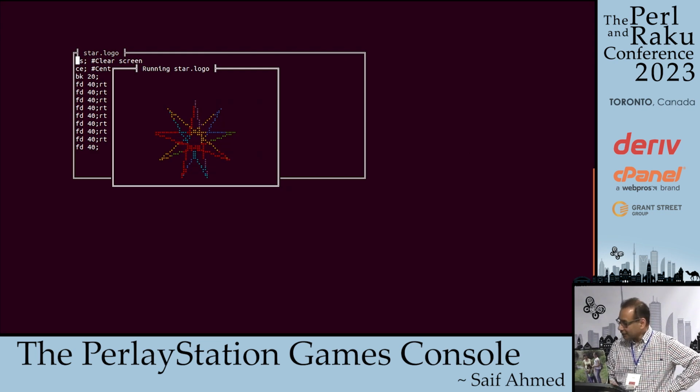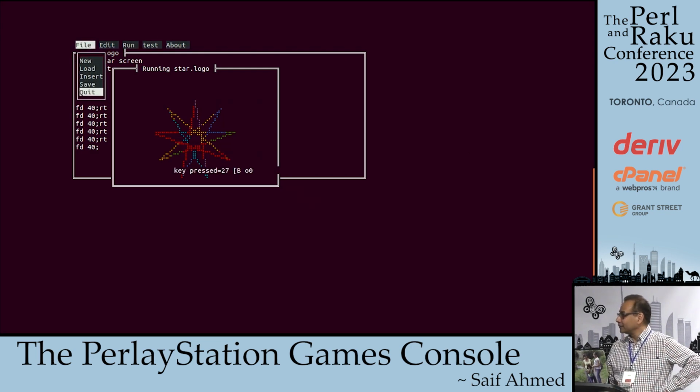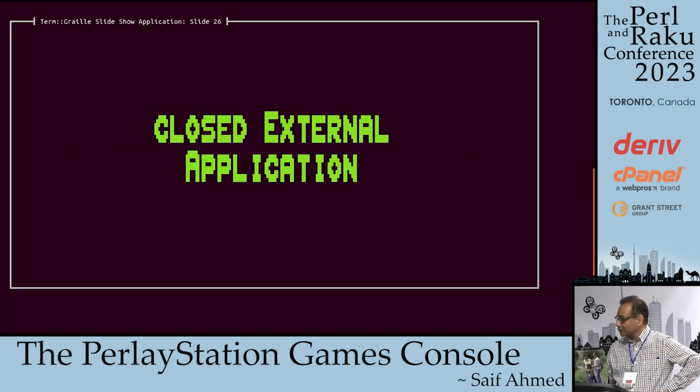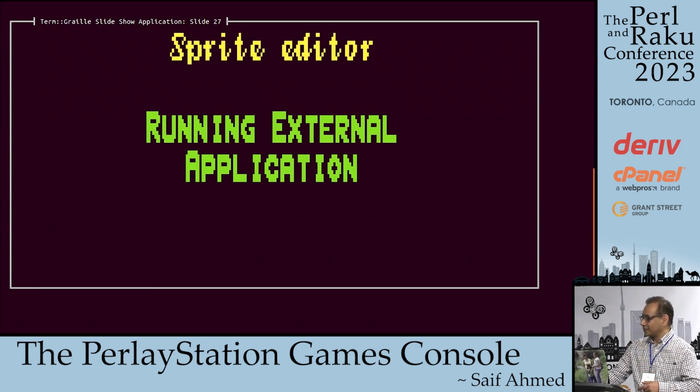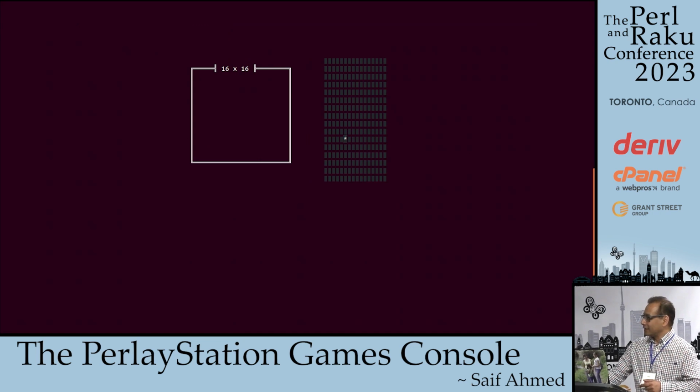But essentially, let me get out of this one. Just quit this one. Because it's all running on the actual presentation application in the background, it automatically goes back to the shell. And I can also do little editing of sprites.